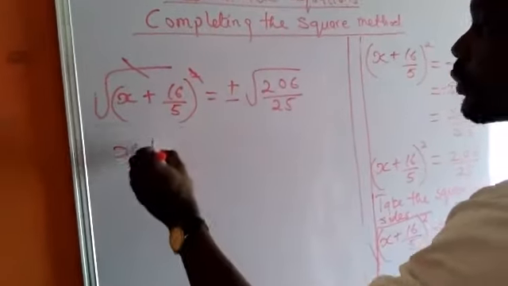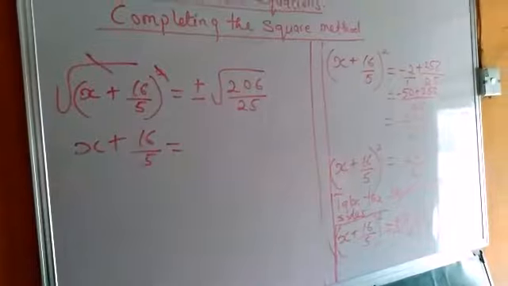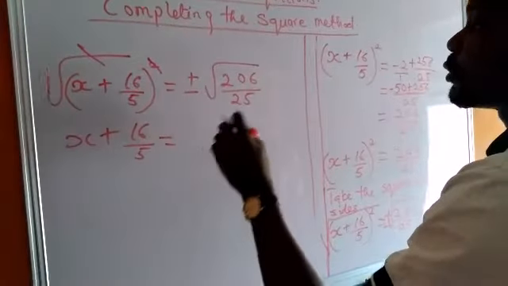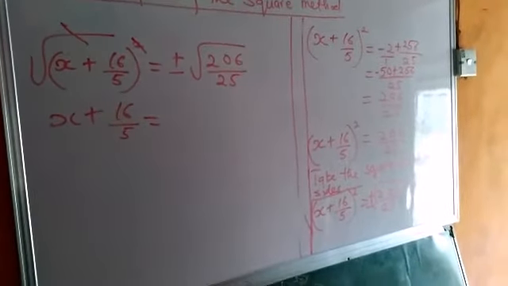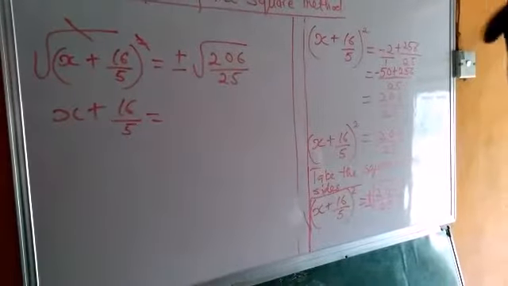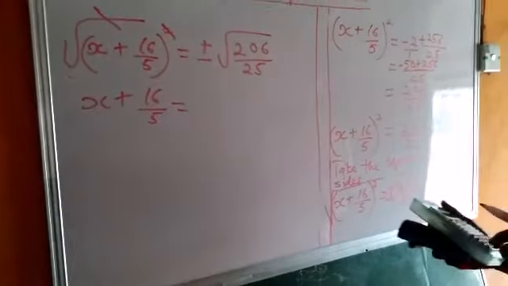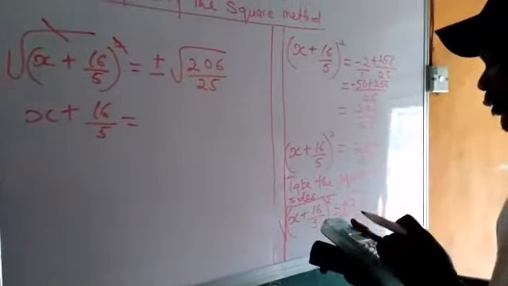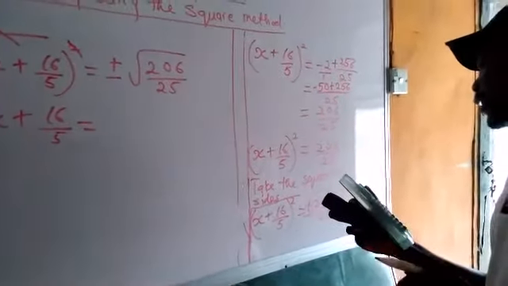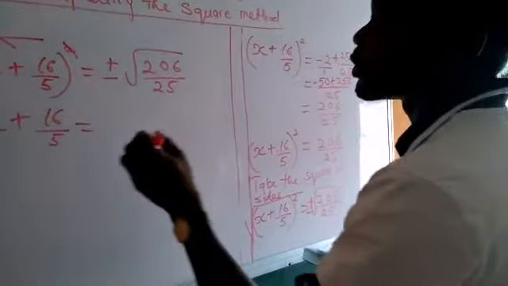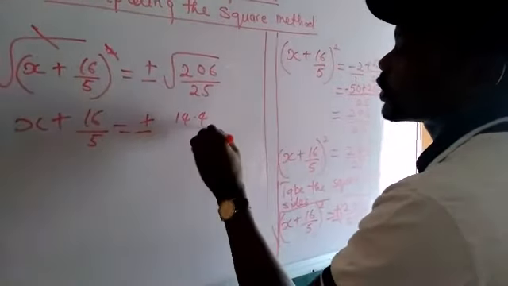We have x plus 16 over 5 left, which equals, if you find the square root of 206, I believe 206 will not have a certain figure, but let's use a calculator to find the square root of 206. That will give us 14.3 or 14.4. So we have plus minus 14.4. Then square root of 25 is 5.